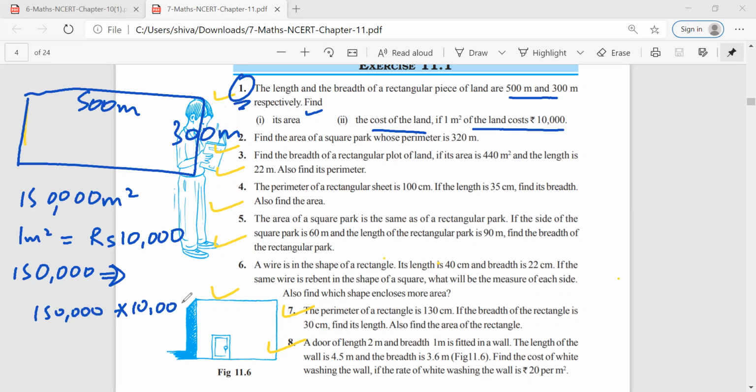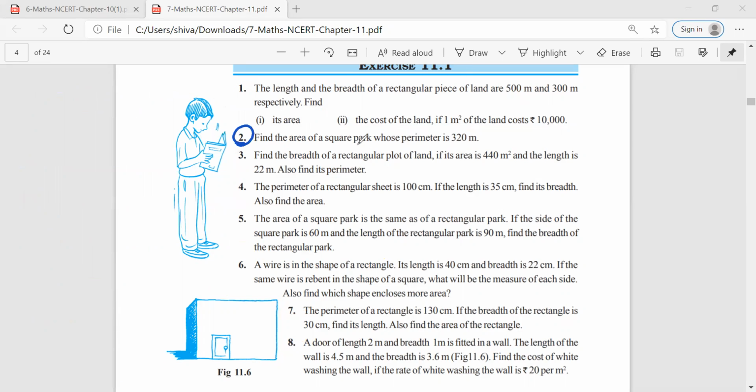Any doubt? No, sir. This would be 15 into 10 raised to power 8, 8 zeros. Any doubt? No, sir. Mr. Satya, any doubt? No, sir.